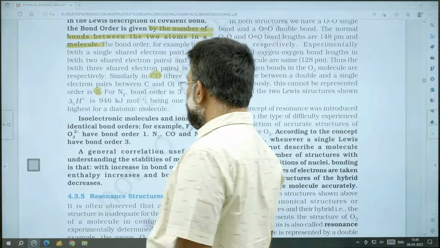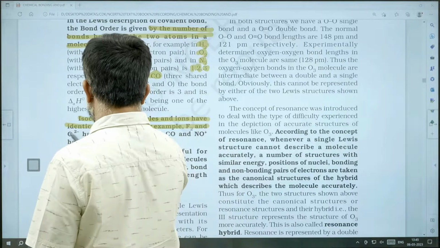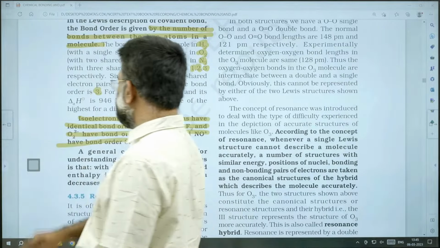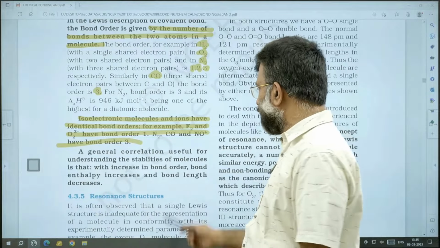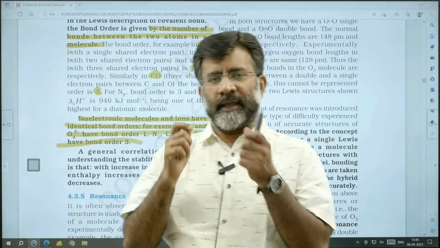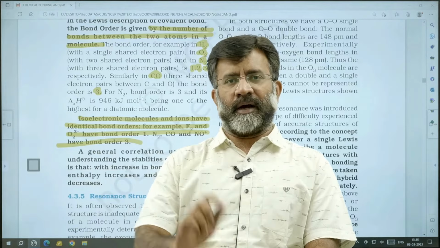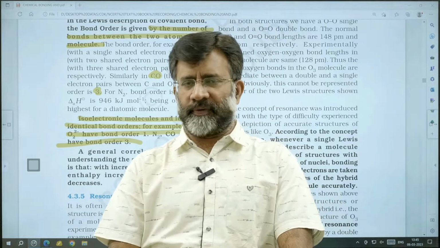Very important point is that isoelectronic molecules have identical bond order. N2, CO, NO+ have isoelectronic character. Number of electrons remain the same. They will have same bond order. That's a very important question.